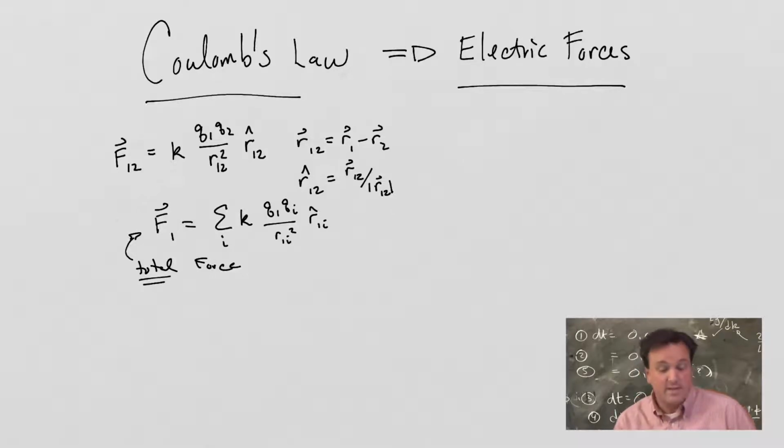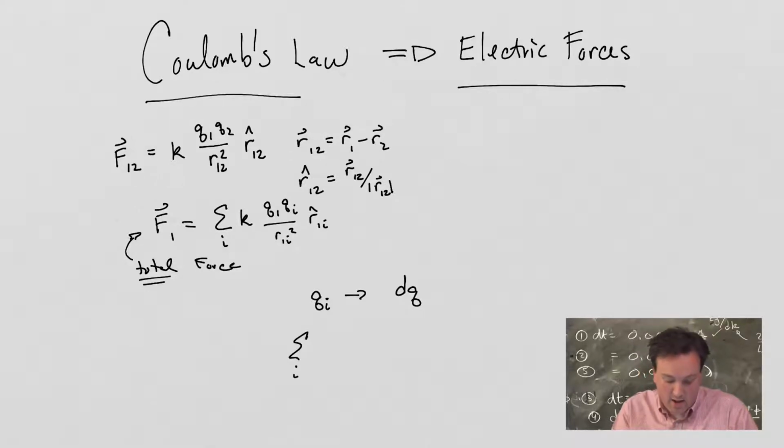And so whenever I see a sum, I say to myself, well, if I make those q sub i small enough, that is, if I let q sub i go to dq, if I let every individual charge go to some infinitesimal charge, then that sum over i is going to go to an integral. And I'm going to be allowed then to do integrals over all of the different charges.